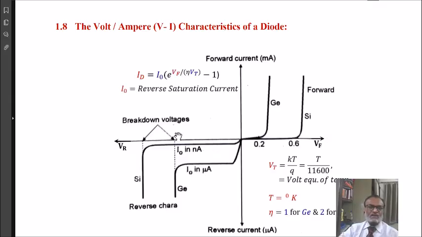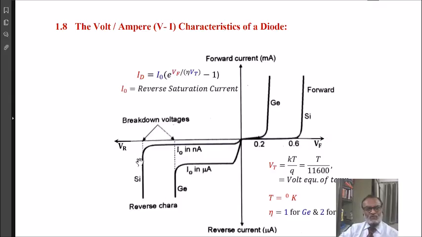That is shown here. When we apply the voltage in the reverse direction, which exceeds a certain potential for the practical diode, that is called the reverse breakdown voltage, then due to avalanche process or Zener breakdown process, suddenly a large current is flowing through the device as shown by the steep line in the characteristics.